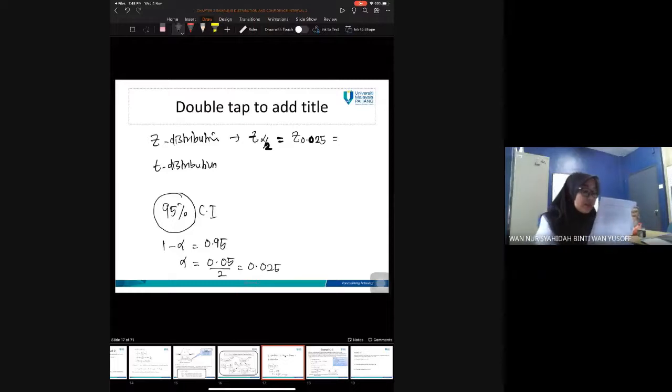On the second column of alpha, the third from here, at 0.025, we have 1.96. Get it? For those who already have this statistical table, did you find it?